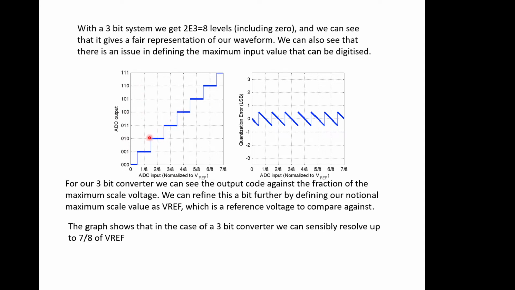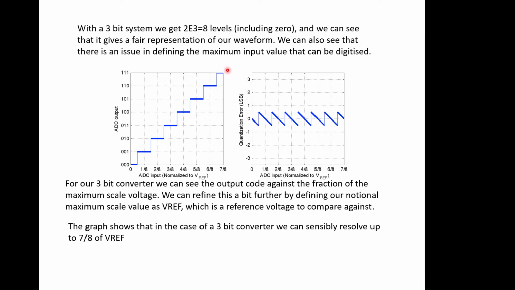And even this division becomes a bit of an issue in its own right. We get up to 111, and if we wanted to get all the way up to a maximum voltage of 8/8, we'd need another bit to make it 1000.